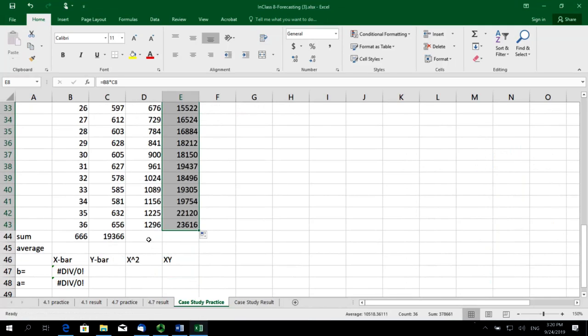In the in-class practice and in today's lecture, we showed the formulas.